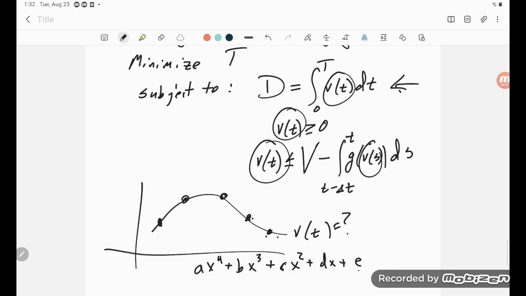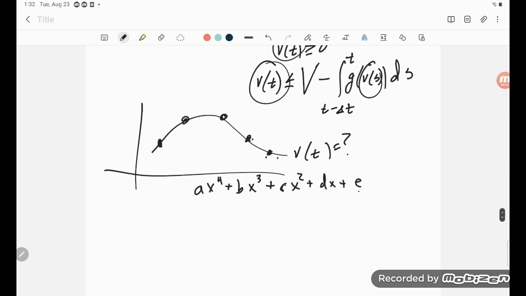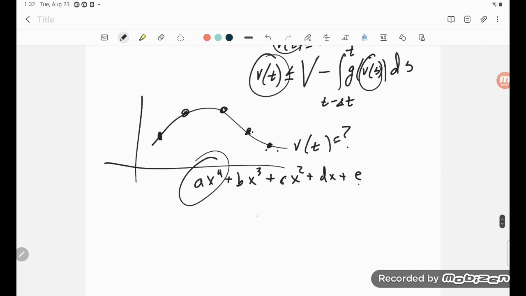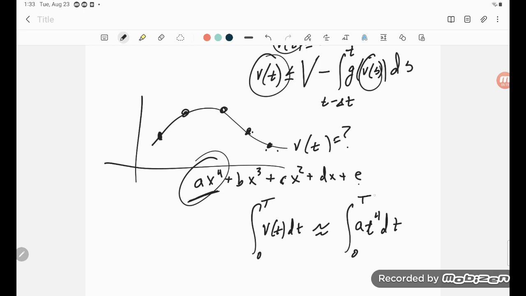Now, I don't know a, b, c, and d either, but the key here is that notice with this integral, let's just look at something like this. I've got the integral from 0 to t of v of t dt, or I could say, well, that's approximately, and we'll just use the ax to the fourth, approximately equal to the integral of a t to the fourth dt from 0 to t. Well, I can do this integral.